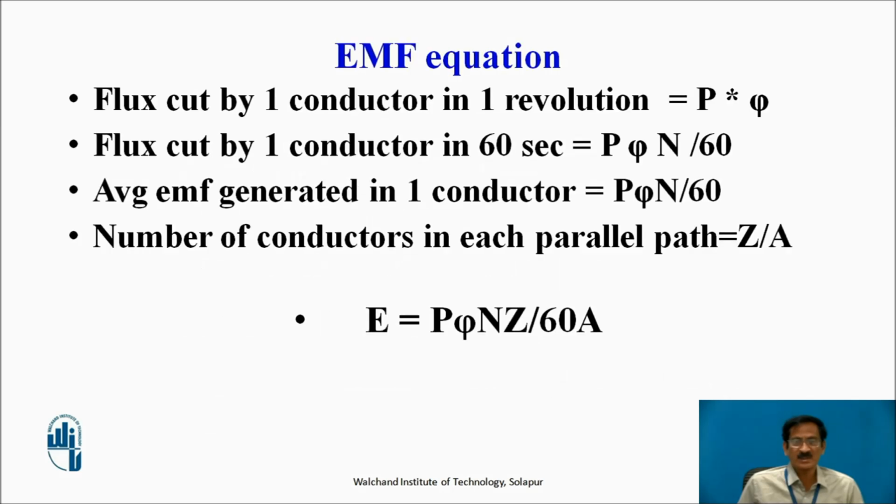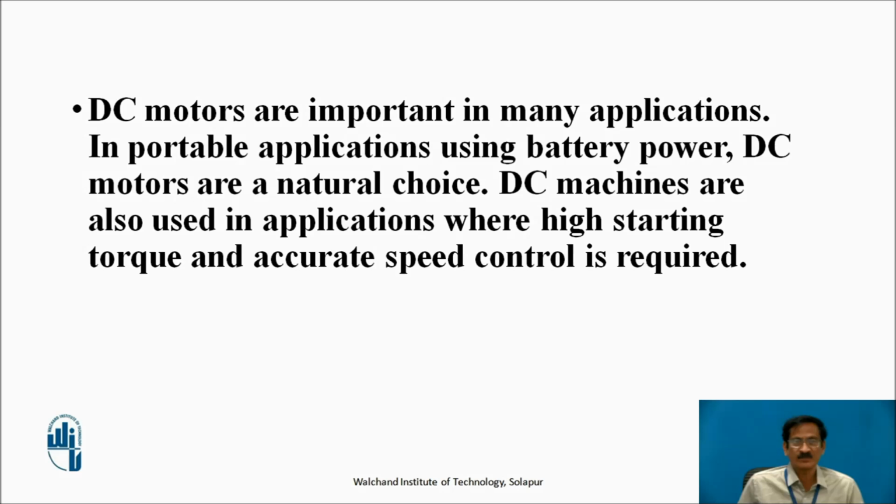The EMF generated is Eg. We can derive the EMF equation: flux cut by one conductor in one revolution is P φ. Flux cut by one conductor in one second is P φ N divided by 60. The number of conductors in each parallel path is Z by A. So induced EMF is given by P φ N Z upon 60 A.